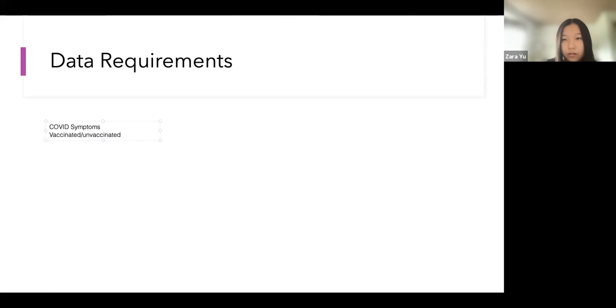Okay, let me look at the other ones. Another one was underlying conditions, then age, then transmission rates. You can also do if they had the COVID test or the results.